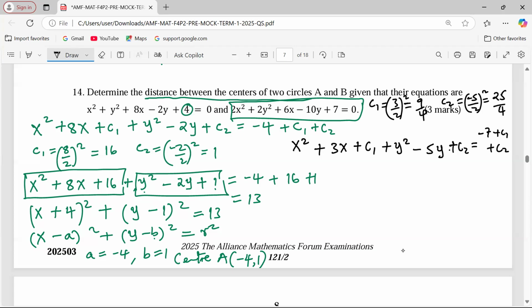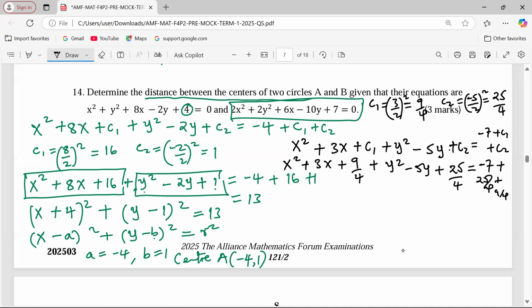So let's add both of them. x squared plus 3x plus 9 over 4 plus y squared minus 5y plus 25 over 4 equals negative 7 plus 25 over 4 plus 9 over 4, the two of them.